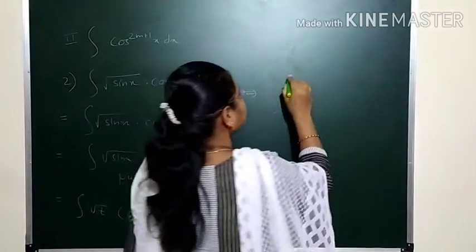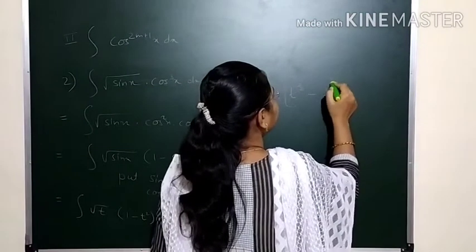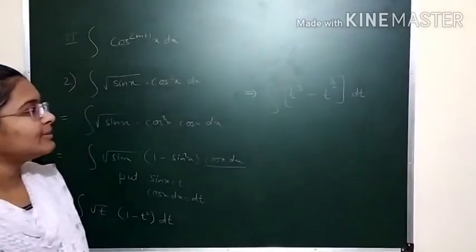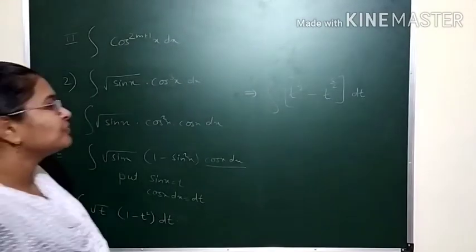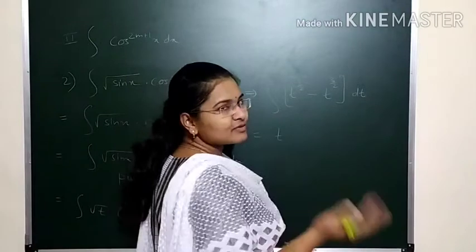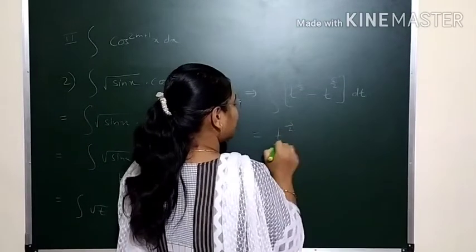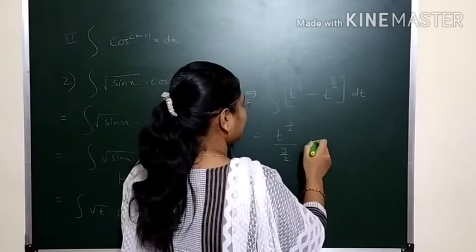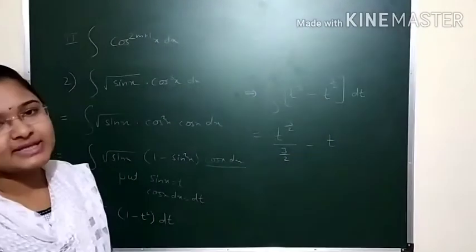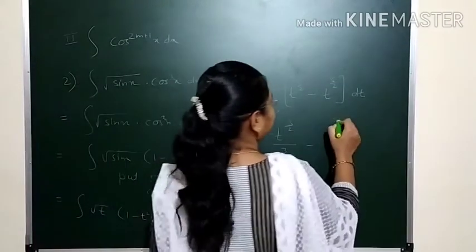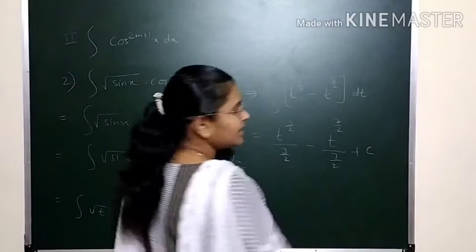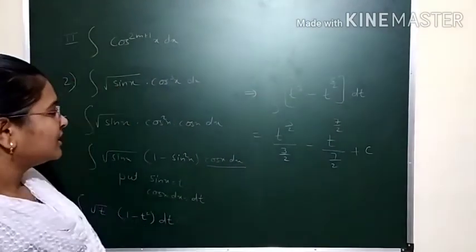So it will be t raised to 5 by 2 dt. Now we'll integrate t raised to 1 by 2 and t raised to 5 by 2. So it will be t raised to 1 by 2 plus 1, half plus 1 is 3 by 2, upon 3 by 2, minus t raised to 2.5 plus 1, which is 3.5, that is 7 by 2, upon 7 by 2, plus the constant of integration.